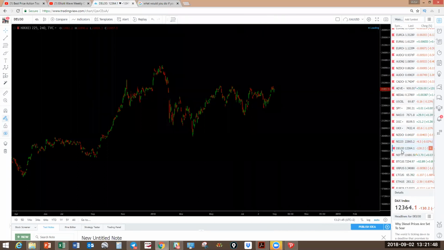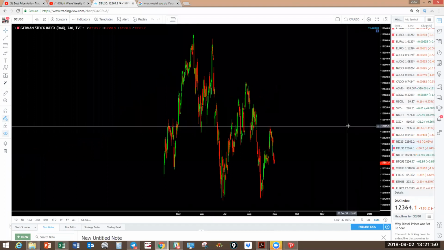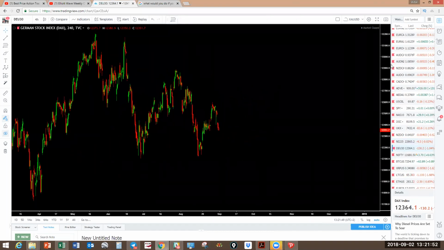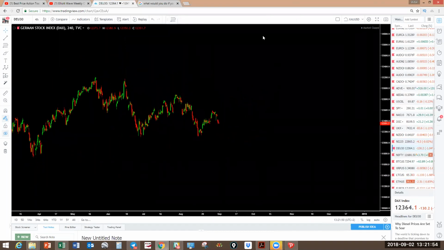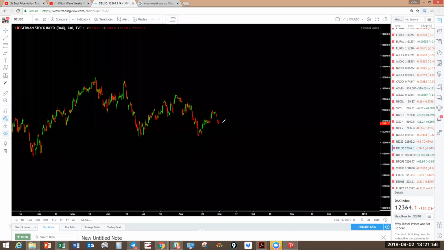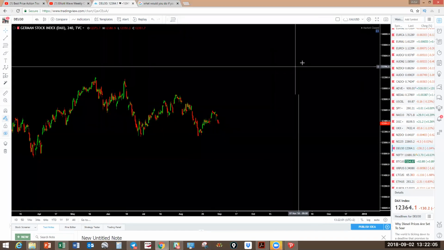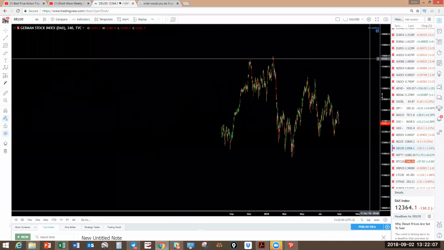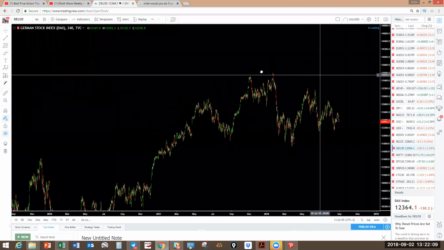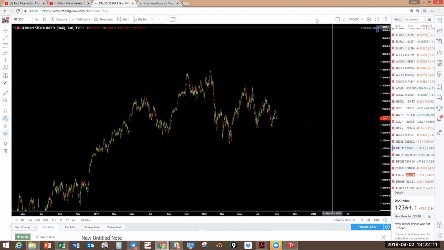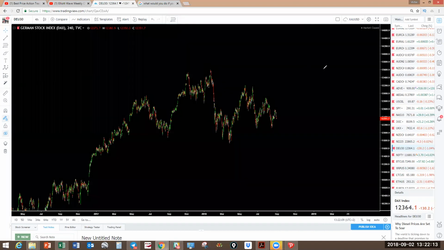DAX. Why is the DAX coming down while the others are going up? Okay, so the DAX looks like it can come down with the Nikkei, with the UK 100, to this level, or even this level. Let's actually look at the structure that it is making. Okay, so the high that the others have already broken on the DAX is this one.